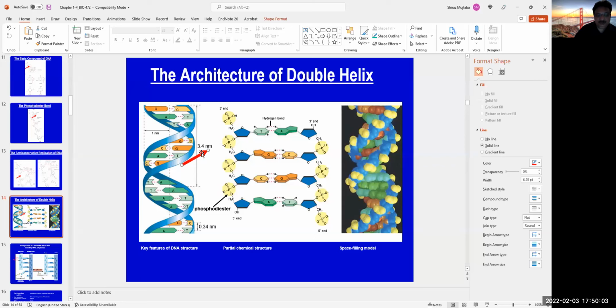And also, as I mentioned to you, the work of Rosalind Franklin was very, very instrumental. Otherwise, no way Watson and Crick could have discovered the structure of DNA. And so the number of hydrogen bonds is very critical. A and T are bound by double hydrogen bond, and G and C by triple hydrogen bond. You should pay attention here that more energy is required to break the hydrogen bonds between G and C. Why do we need to break hydrogen bonds?